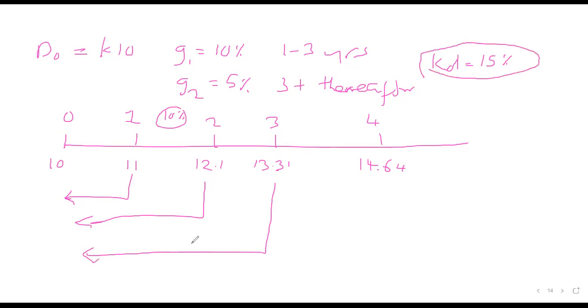This will be 13.31 over 1.15, which is 15%, to the power 3. Then 12.1 over 1.15 to the power 2. Then 11 over 1.15 to the power 1. Let's calculate all these and add them up to get the value of stock for the first phase.